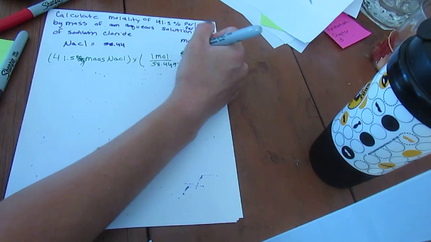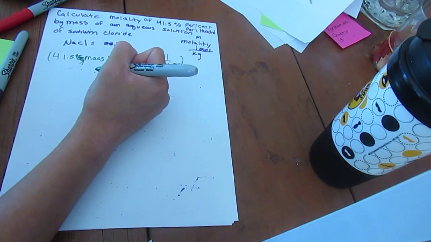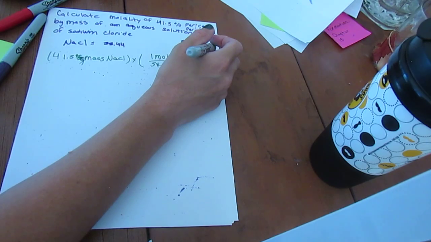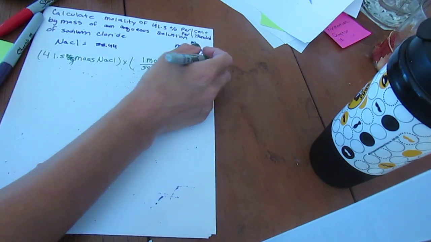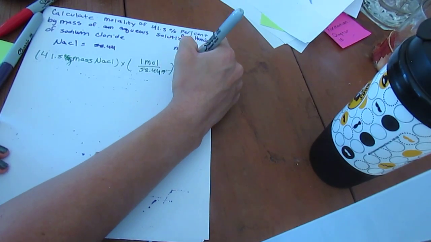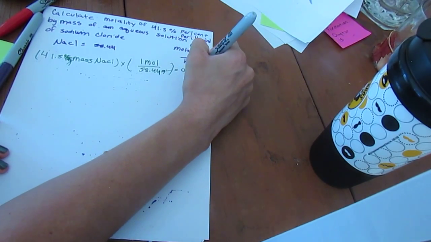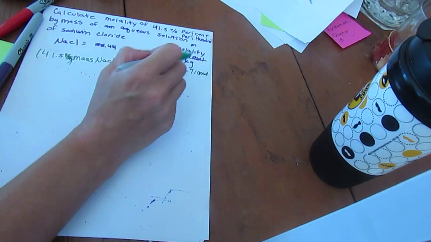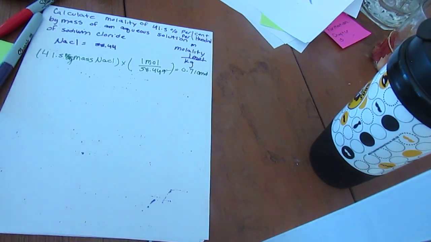Cancel, cancel. Left with moles. From here, we'll calculate that, and it will be 0.710 mole.